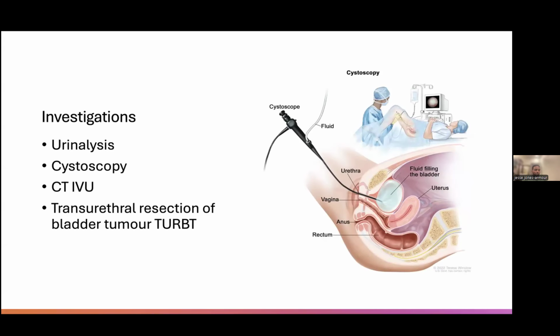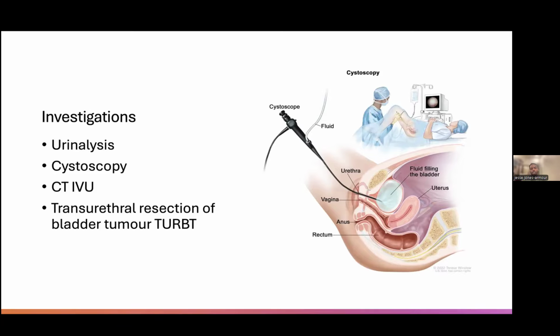The main one that you would do is a cystoscopy, which could be done in the office. You could do a CT-IVU as well, because you would want to follow up the ureter and renal pelvis to see if there are any masses up there as well. And then, of course, there is the transurethral resection of bladder tumor, which could actually be done at the same time as the cystoscopy.